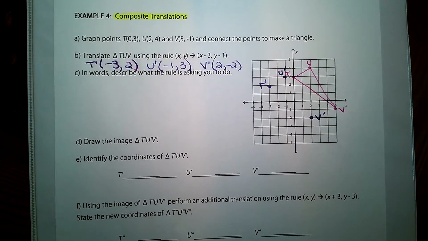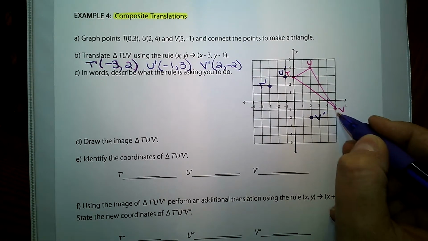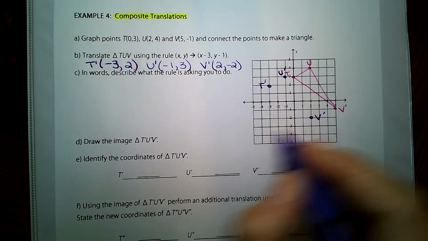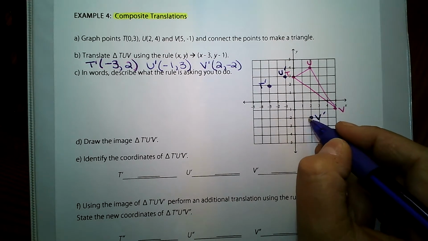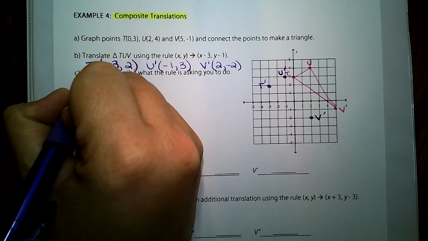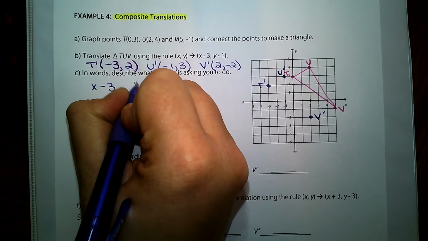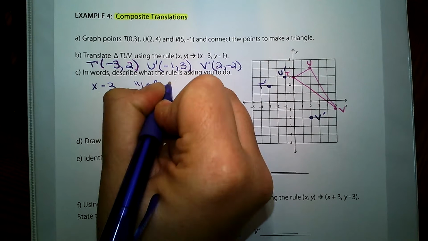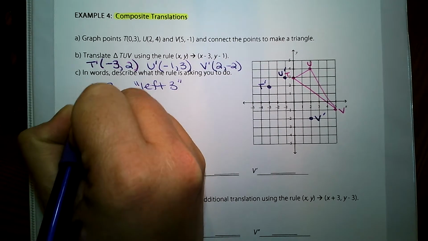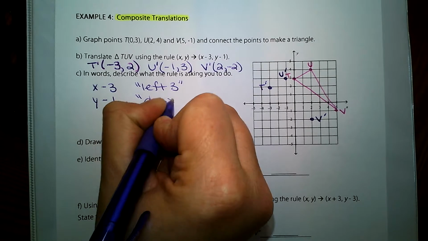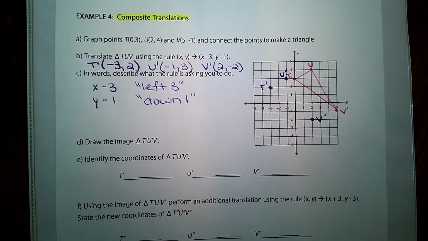Well, all we have to do is count it out. To get from each point, we went down 1 and left 3, or left 3 and down 1. So that x minus 3 in words is left 3. The y minus 1 is down 1. I want you to pick out which way speaks best to you.